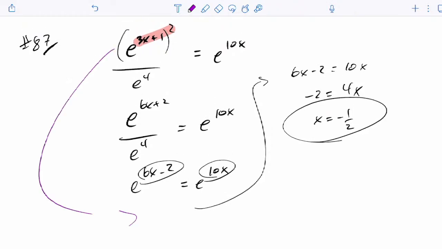If I did it your way, this would be e to the 6x plus 2 is going to be e to the 10x plus 4, and then you'll still get your answer. Let me do the step in between to make sure I didn't lose you. So this is e to the 6x plus 2 is e to the 10x times e to the 4.